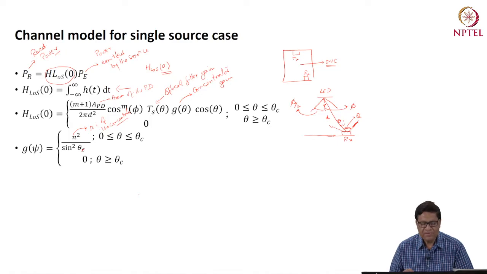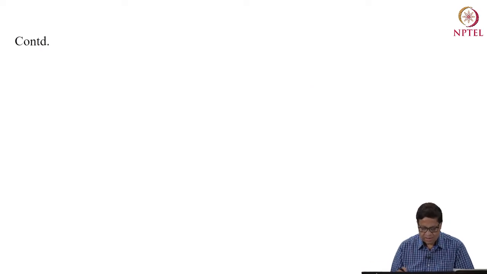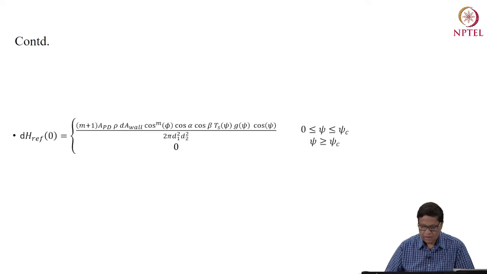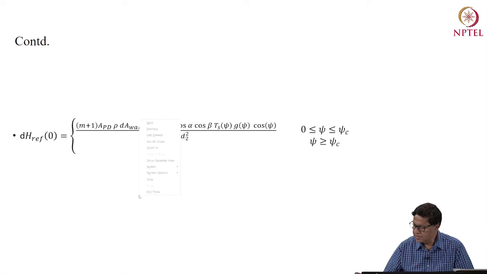Normally when we do analysis, sometimes you take Ts and G theta as 1 so that the calculation becomes a little simpler. But here I have represented Ts theta and G theta in the expression. So now let us try to, so this was the case.